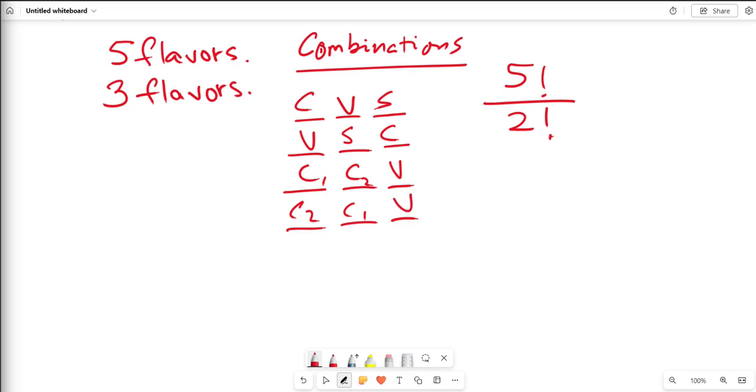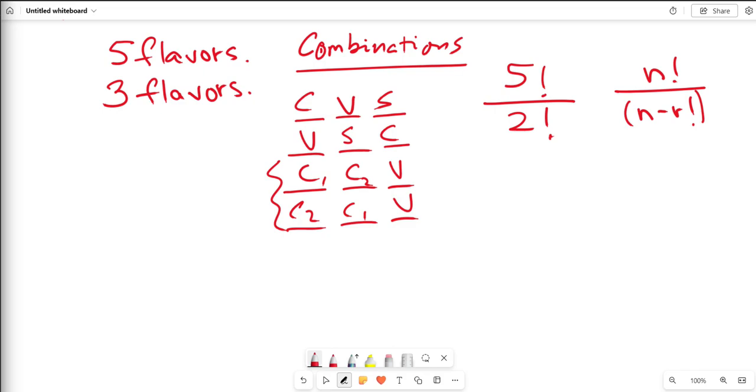So we also need to further divide it by r to eliminate these 2 possibilities and count this only once and not twice. So basically our formula before was n factorial over n minus r factorial, and now since we also want to eliminate the possibilities that are duplicated, there are basically going to be r factorial duplications.